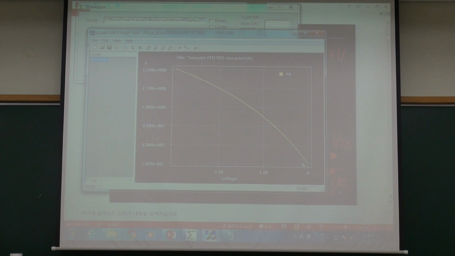What's the problem? Something wrong? So my threshold voltage is around 0.7 volt, right? That's my VTO. Okay? Then I can calculate the gamma by plotting this one in a different way.